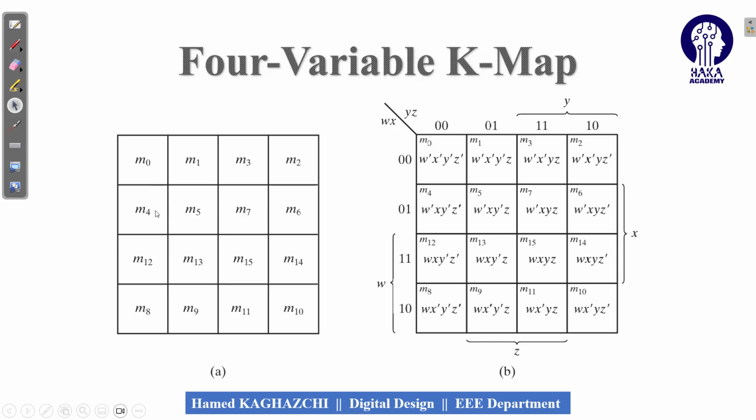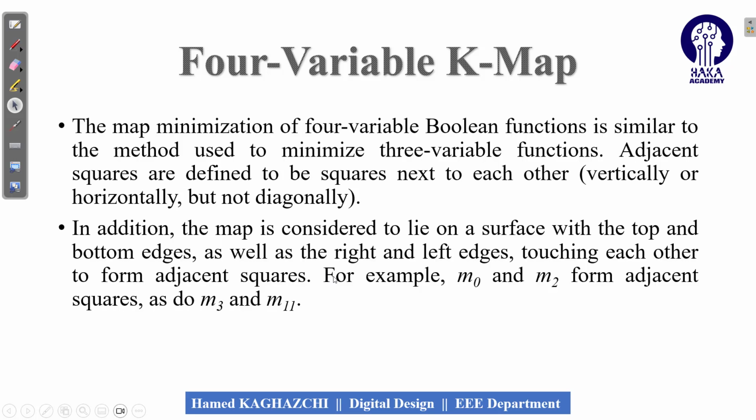And M0, M4, M12, M8 are neighbors with M2, M6, M14, and M10. We have to consider that these two rows are neighbors together, and these two columns also are neighbors together.